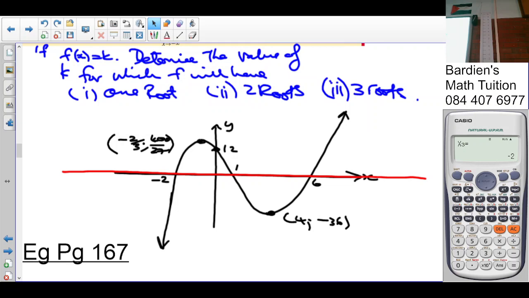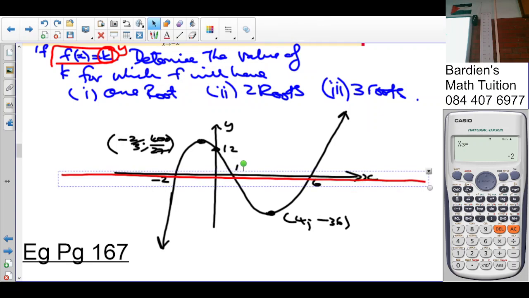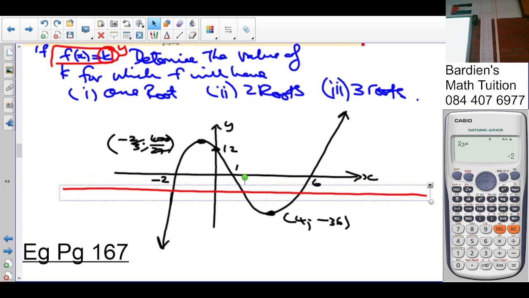Now if you're looking at f of x equal to k, you all agree that there has to be a y value where the function is equal to it, not so? So we have 3 roots there. If I take this line, remember now, this is the y is equal to k line.